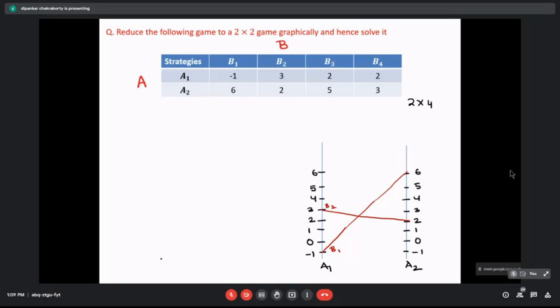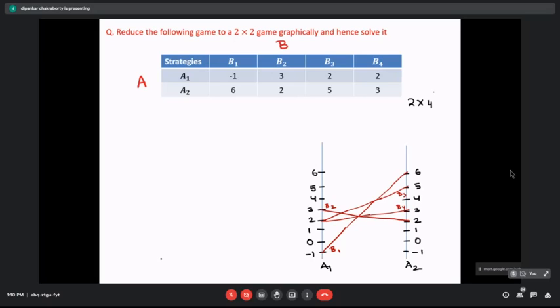Next is B3: 2, 5. Right, this is B3. And last is B4: 2, 3. So here also you are going to get 2, 3.